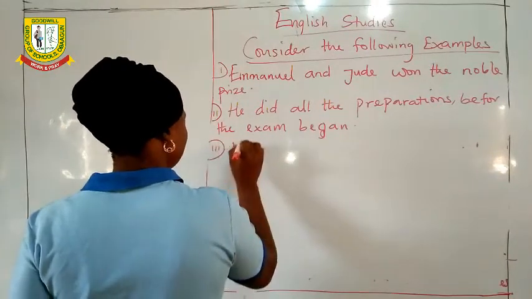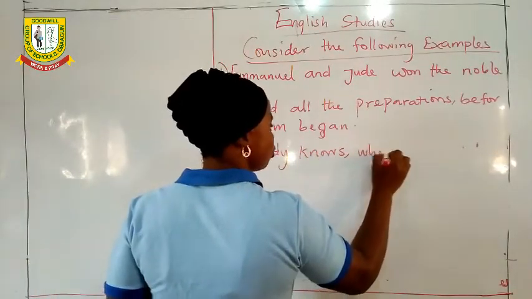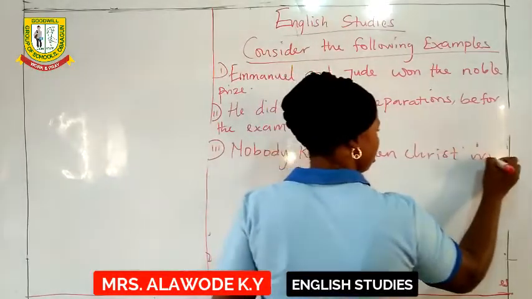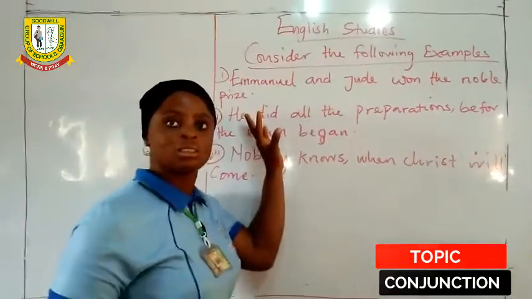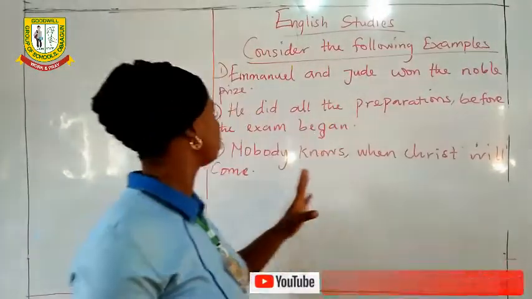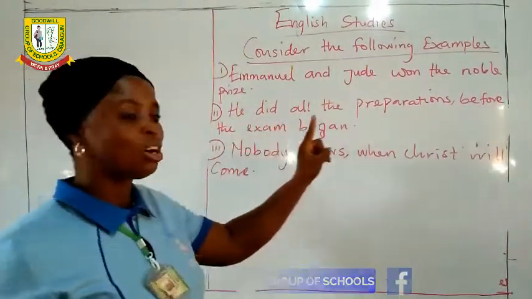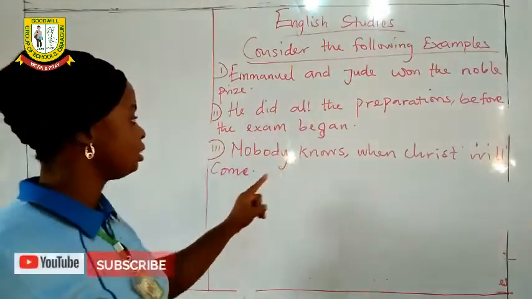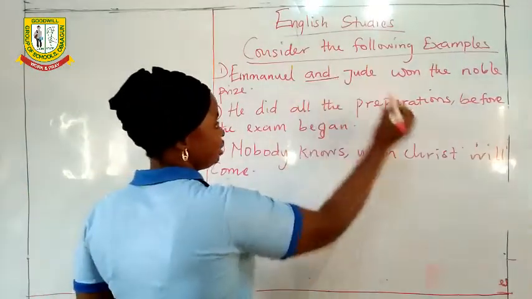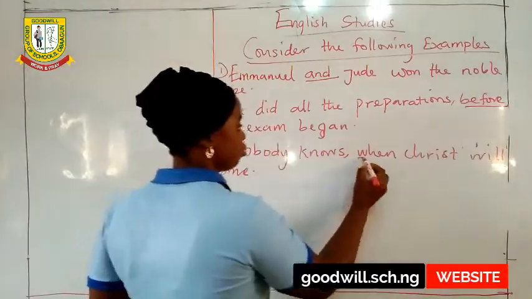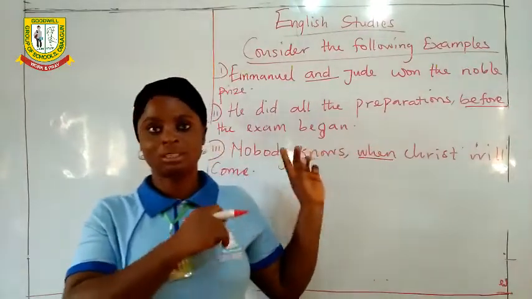And number three, nobody knows when Christ will come. So looking at the examples that I've written here, Emmanuel and Jude won the Nobel Prize. He did all the preparations before the exam began. Nobody knows when Christ will come. So we discover that and, before, and when are all conjunctions that are used in the sentences.